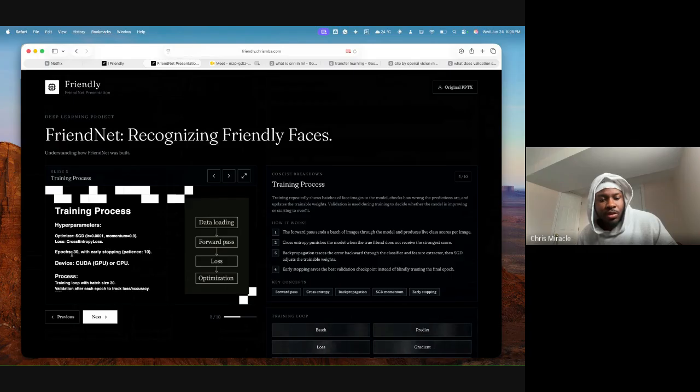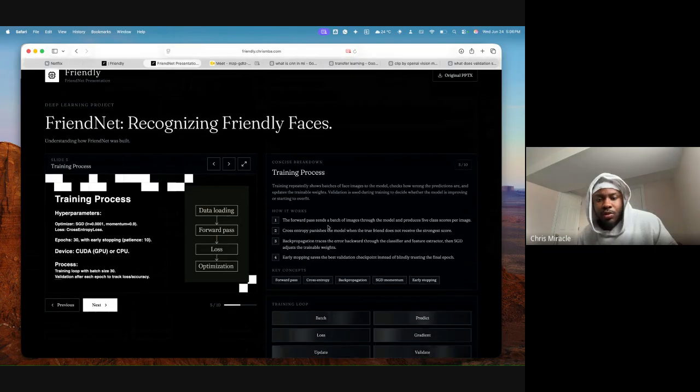I trained for 30 epochs with early stopping of 10, so we don't overfit. I trained on an A100 on Google Colab. In the training loop, I used a batch size of 30 with validation after each epoch. The forward pass sends in a batch of images through.